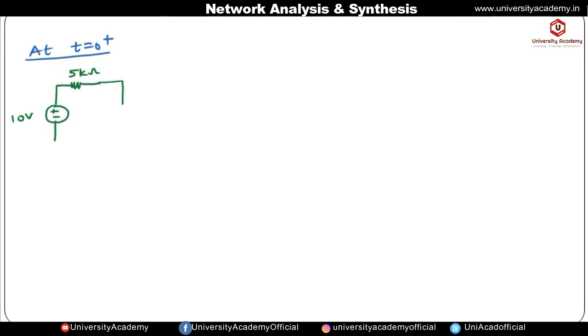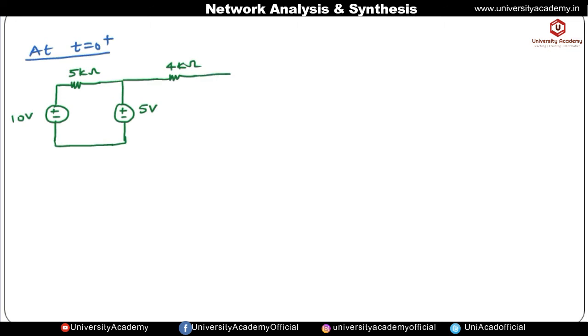Here we are having a capacitor, which will be replaced by the voltage source. The value of V C of 0 negative we calculated as 5 volt, because the capacitor does not allow a sudden change, so at t equal to 0 positive the same voltage is maintained across the capacitor. Then we have the 4 kilo ohm resistance through which we have to find the current I.